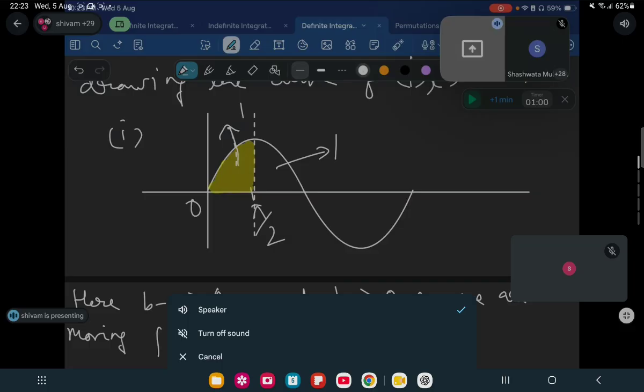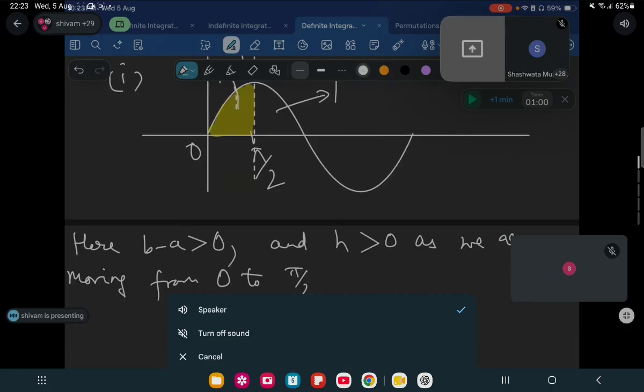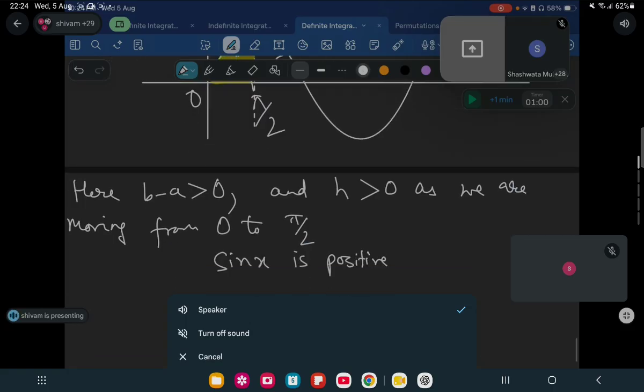That is why the area becomes positive. Sin x is positive from 0 to pi by 2. Okay.